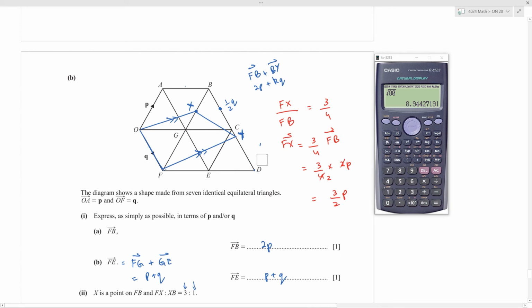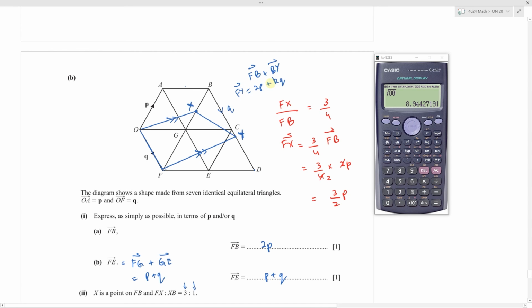So vector BY can be written as some constant K times Q, because we know that in this direction the vector is Q. Some constant K multiplied by Q will get you to Y.